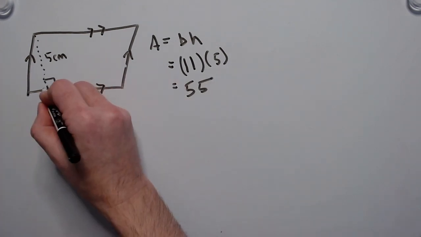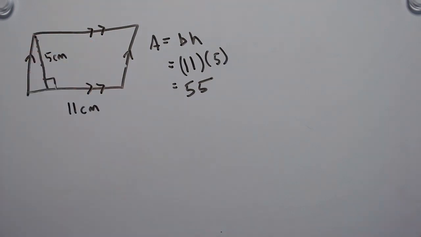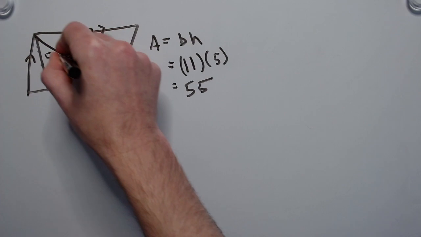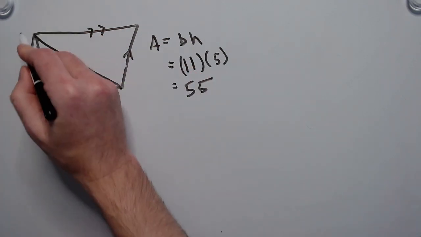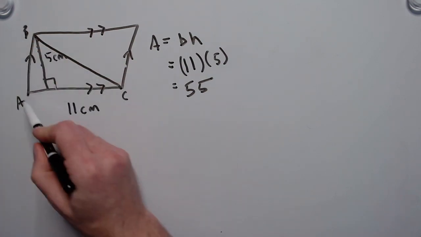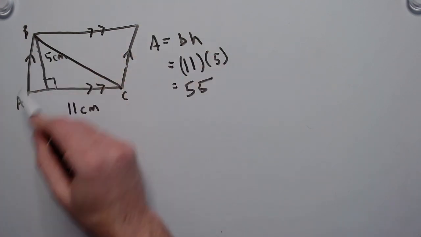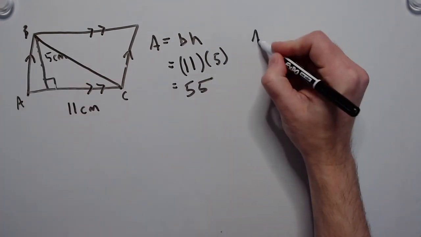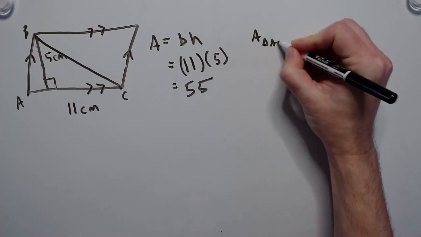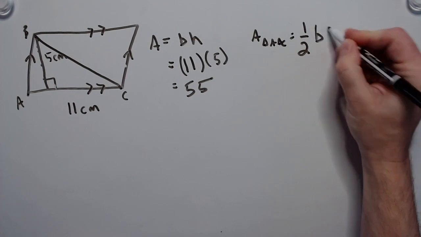And just like in the slides, we're going to take this and make a triangle right here. And another triangle right here, right? So we've got a smaller triangle and a bigger triangle. And we're going to label these ABC again. So what is the area of this larger triangle here? Well, it's the same as this large triangle. And we know the area of the entire parallelogram is 55. So the area of triangle ABC is going to be equal to 1/2 the base times the height.